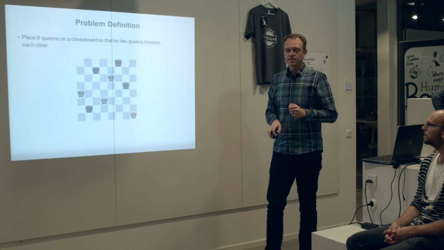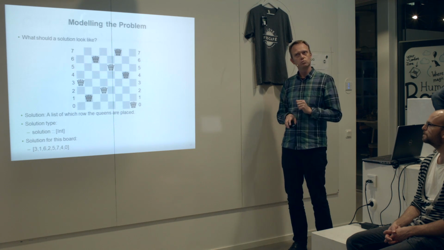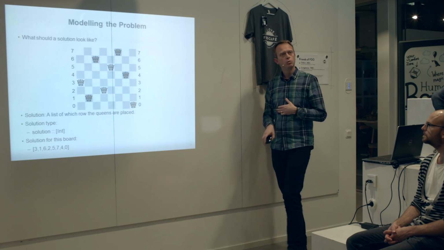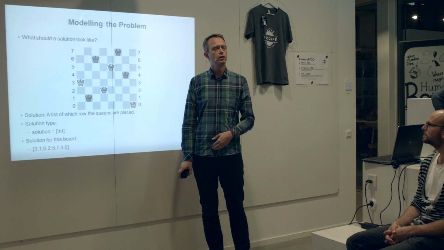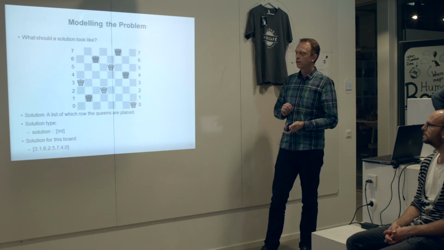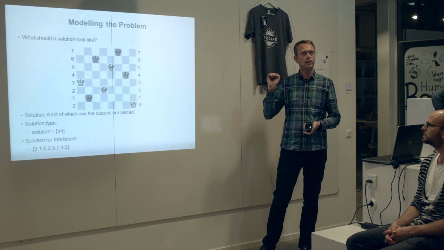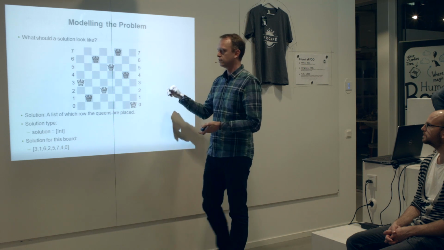So how would we do this in Haskell? Here it goes. First of all, the thing I started with was, what would a solution look like? What is actually the output I want from this function that solves this problem? And I was thinking, hey, the only thing I actually need is a list of rows. I know that I can only have one queen in each column, right? So that's easy.